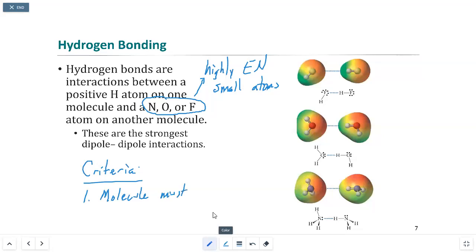But there are some rules with that. First of all, we have to have a polar molecule.